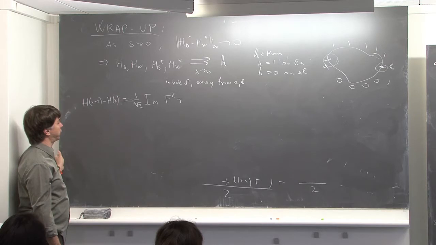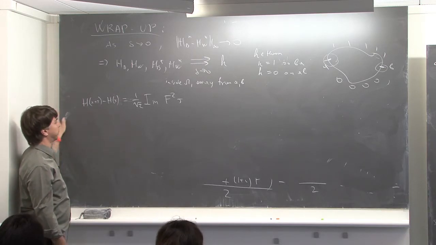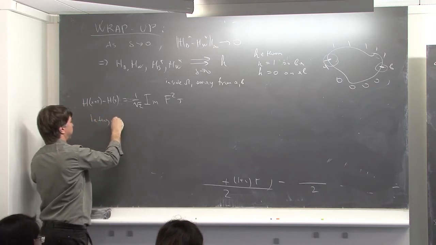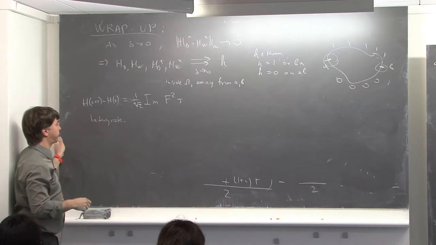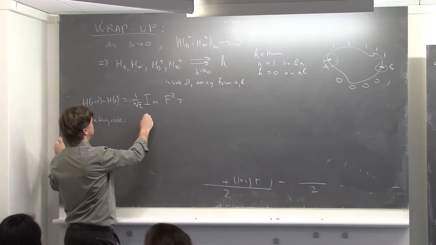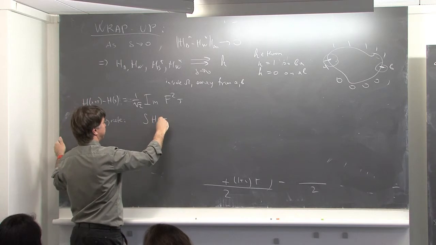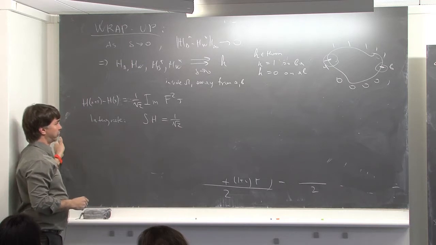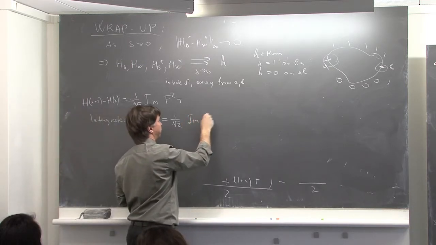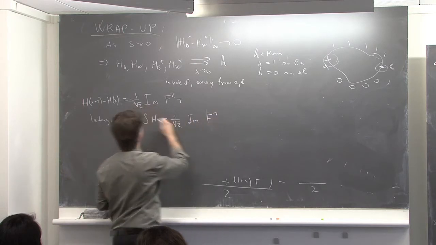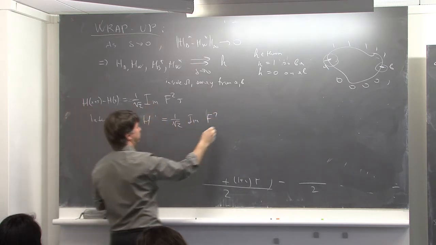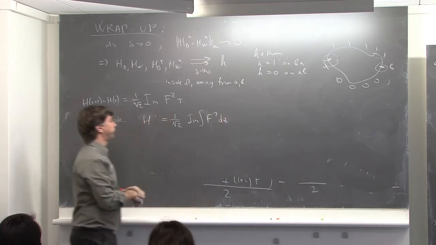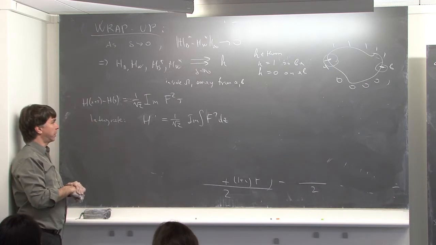Or alternatively, we can observe that we just integrate, and we get that the primitive of h is equal to 1 over square root of 2 imaginary part of, no, not, sorry, h. Imaginary part of integral of f squared dz.